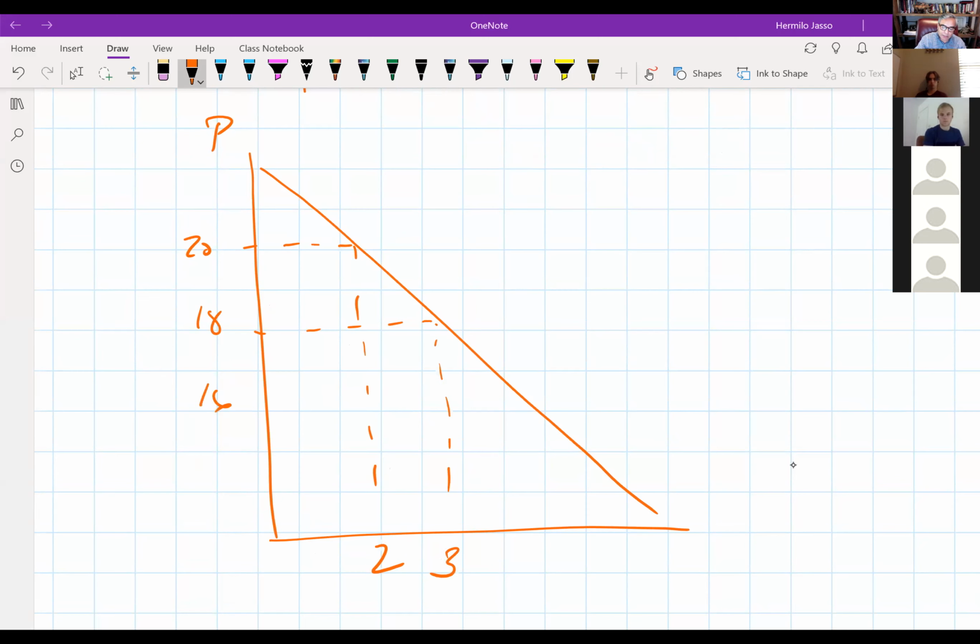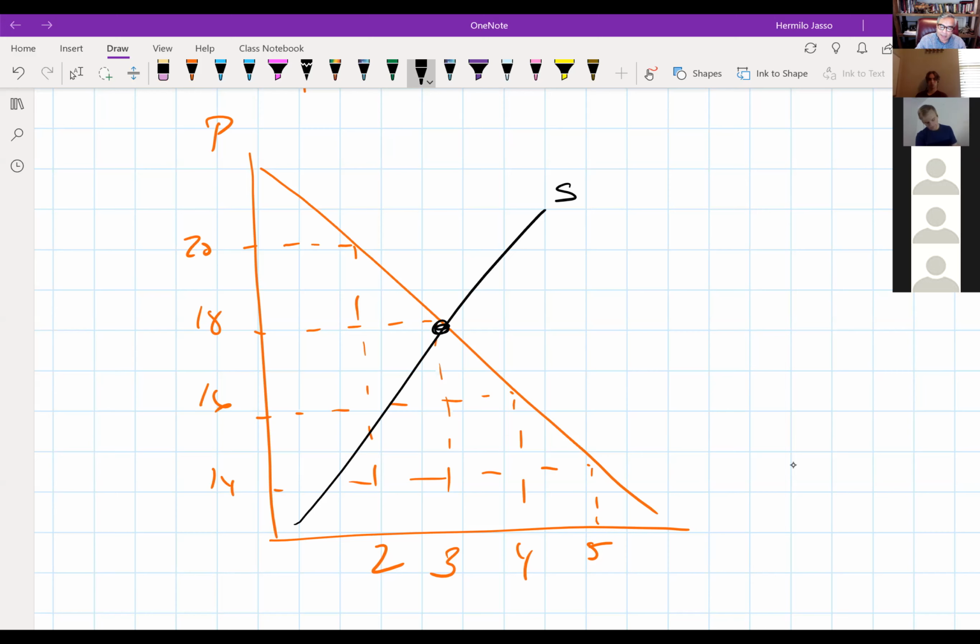At a price of 16, I'm willing to buy 4 units. And at a price of 14, I'm willing to buy 5 units. Okay, this is me. Now let's assume that this is the actual supply in the market right there. So now the market determines the price, supply and demand. So as you can see, the price is going to end up being $18.